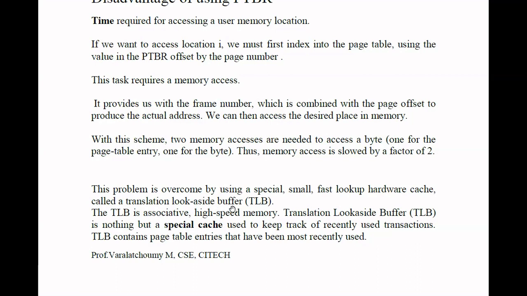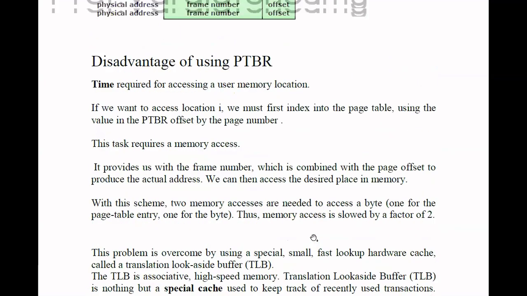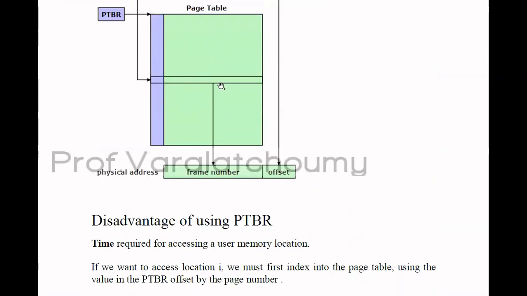To put it in very simple terms, the translation look aside buffer is nothing but a cache memory. Whenever a particular page has been accessed from the physical memory, it stores its details. Say a particular page number 3 in this page table is mapped to frame number 4.